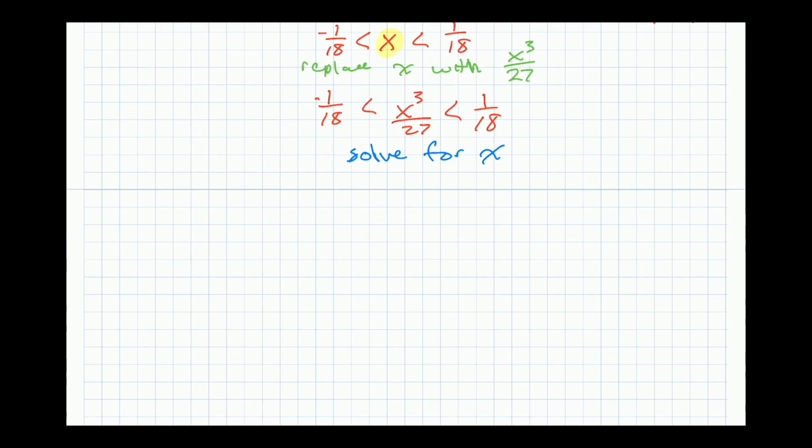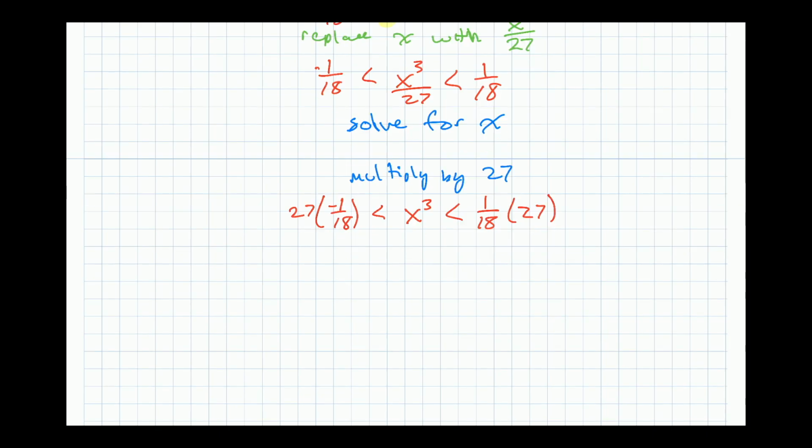So what I'm going to do is multiply every side by 27. So you're going to get 27 times -1/18 less than just x cubed less than 1/18 times 27.